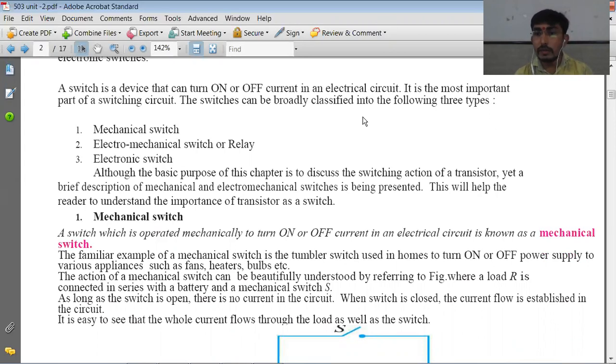We can mechanically turn on and off the current to the electrical circuits. One familiar example of this is the tumbler switches that we use in our homes to turn on or off the power supply to our various appliances such as fans, heaters, bulbs, etc.